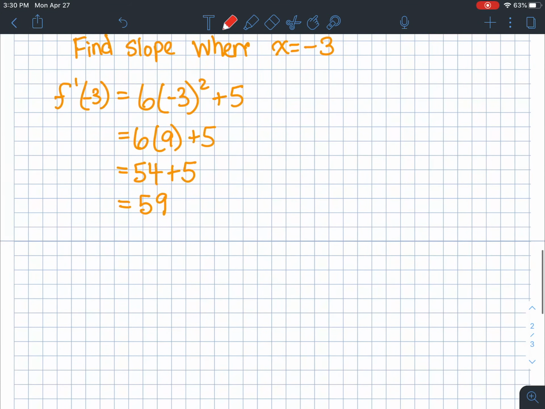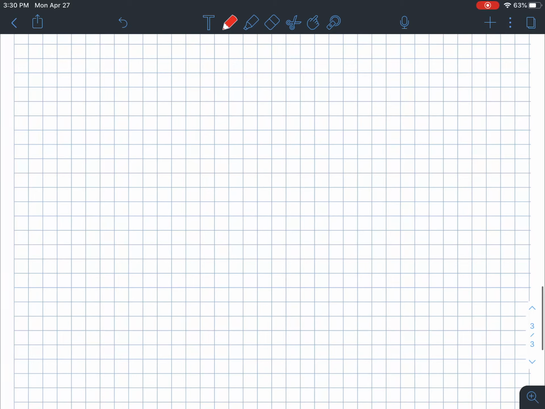So I keep using f prime of x, but Leibniz notation is more popular, especially in universities, and that's dy by dx. So it can simply replace the f prime of x. They mean the same thing, they just mean the derivative.